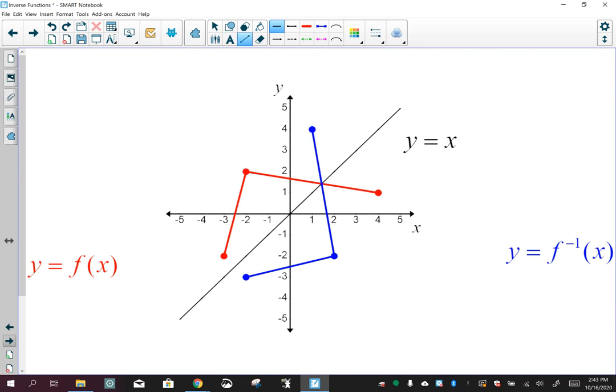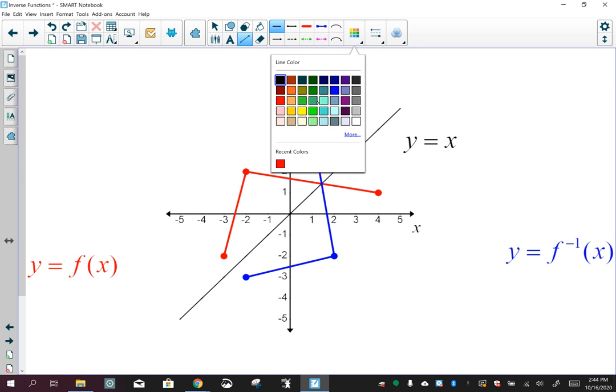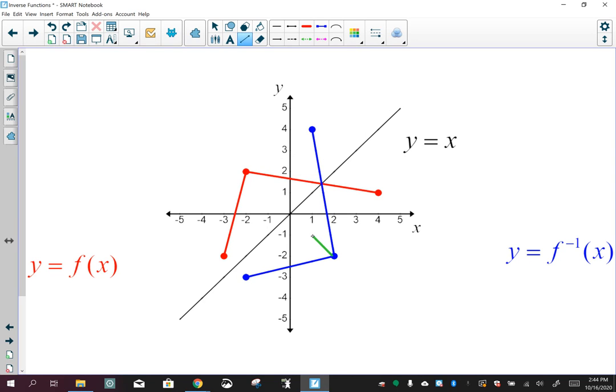You draw the y equals x line. And what you are looking for is this. Let me get a nice color here. Let's go green. If I'm going from this point to this line, so I want to know, I'm going to go from here to here.